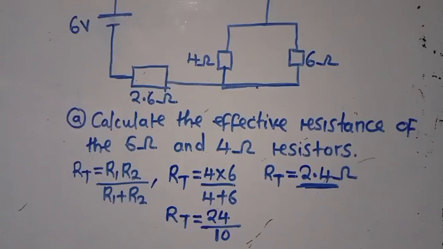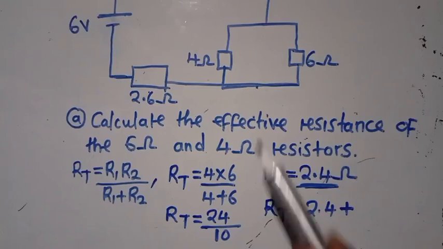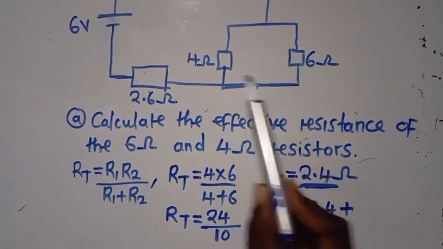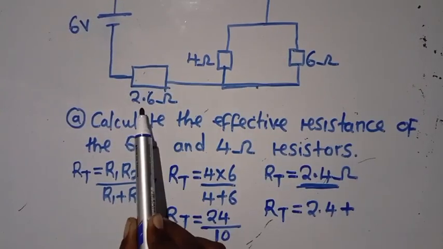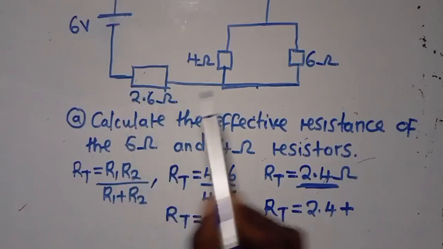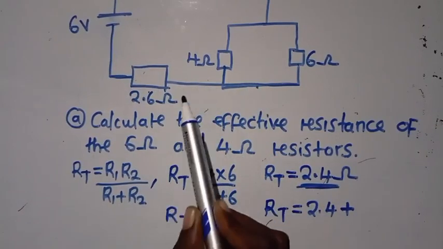Total resistance is 5. Okay, that is so good. This is a sign that people know what we are doing. So in the circuit, the total resistance is equal to 2.4 plus 2.6, since the effective resistance here plus this one are now in series.